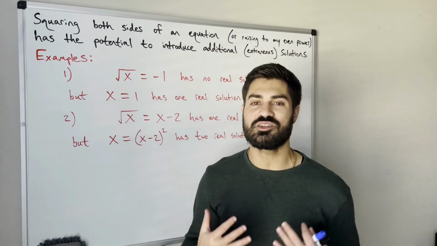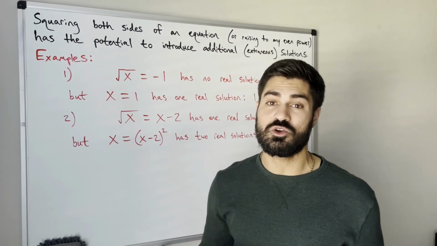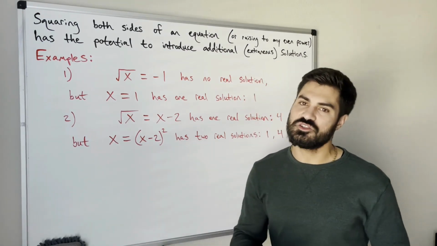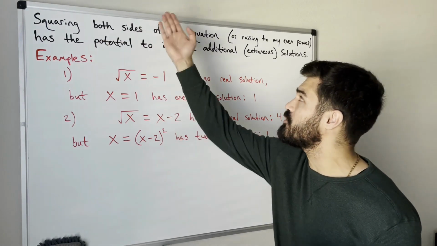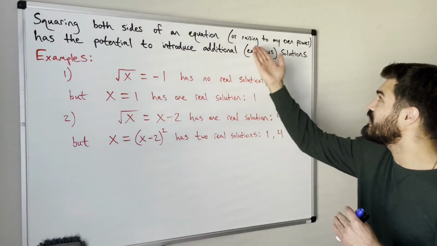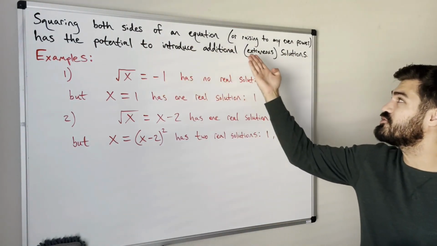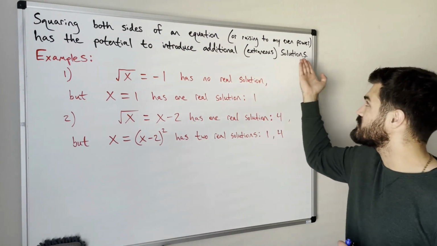And really the reason we have to do this is a result of squaring both sides of the equation, or really raising both sides to any even power. But for this video, we're just going to talk about square roots and cube roots. So when we square both sides of an equation, or again, raise it to any even power, doing this has the potential to introduce additional solutions, which we usually call extraneous solutions.